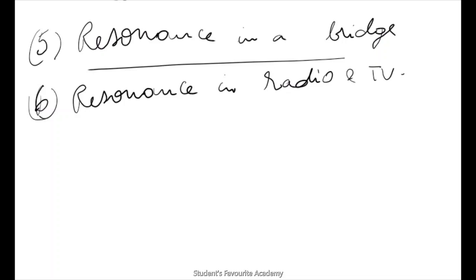The signal received is then amplified in the receiver set. Because of the resonance, we can then hear clearly. Is that clear? So, these are the examples of resonance.